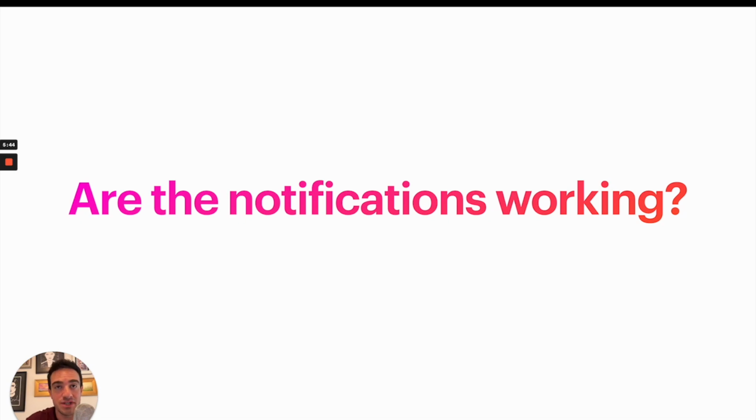Are the notifications working? Maybe leads are coming in, but for whatever reason, the notifications that are sent out to you as the SMMA, the social media marketing agency person, or to the roofing company, or to your client, are not being sent. So they're saying, hey, I haven't seen any leads in 3 or 4 days. And then you go and look and you say, wait, leads are coming in.